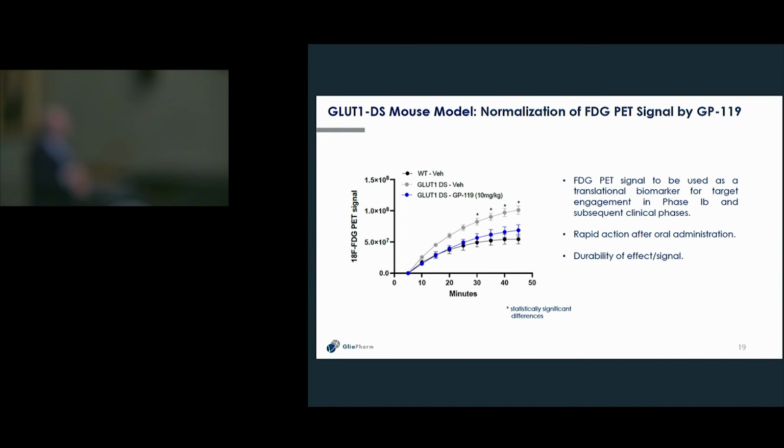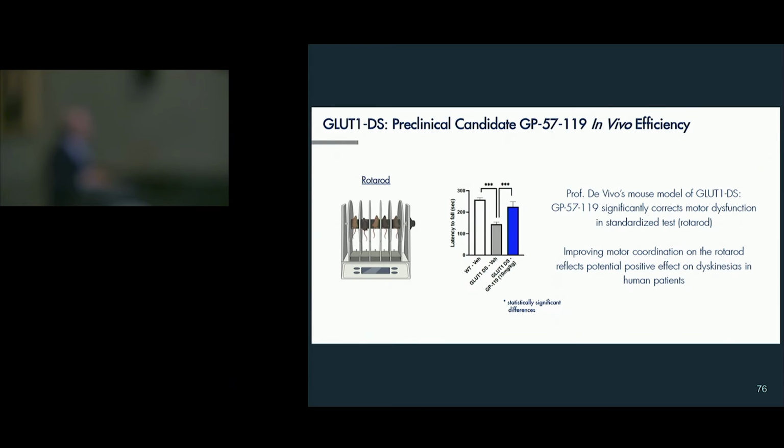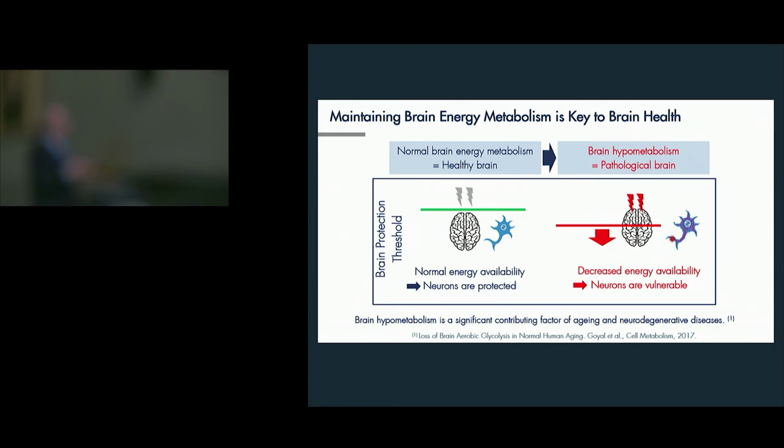It also normalizes the PET signal in these mouse mutants, and it significantly improves the motor dysfunction that these mice suffer from. So the concept here is really to provide more glucose, provide more lactate, in other words, to provide better fitness for the brain in conditions where there is a decrease in glucose utilization and glucose availability.